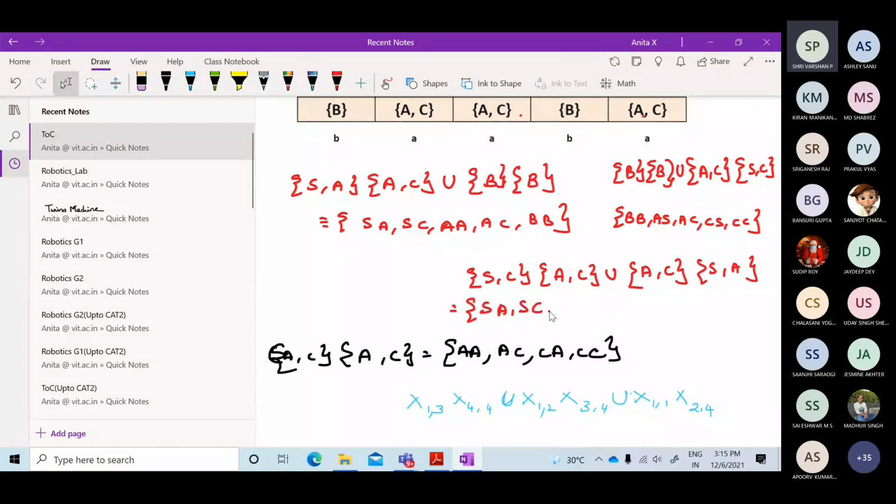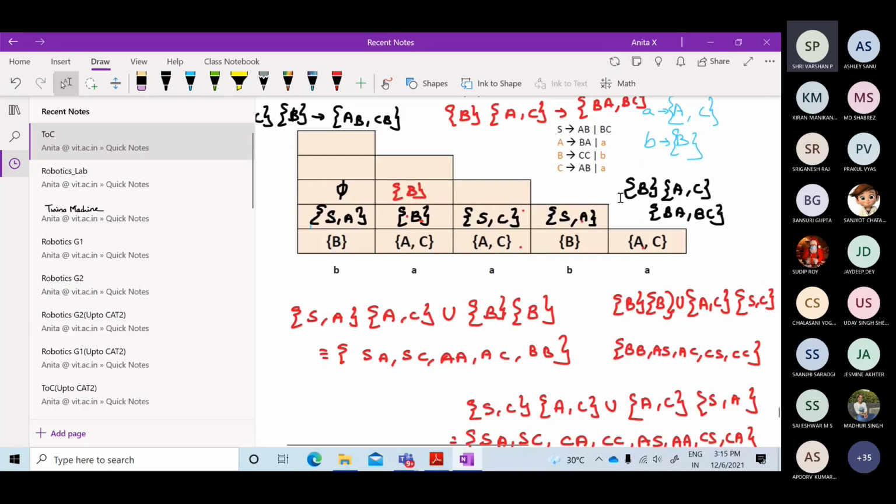SCA, SC, CA, CC, AS, AA, CS, CA. Productions, yes. SCA it is not there. SC is not there. CA is not there. CC I am having, so it is going to have B. Then AS is not there. AA, CS, CA. That's it. Right? So this is over.